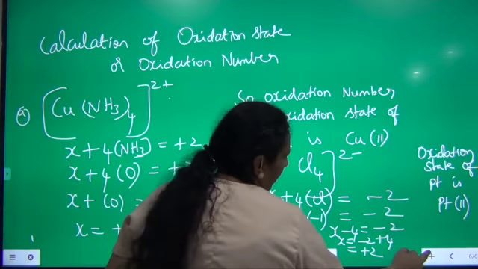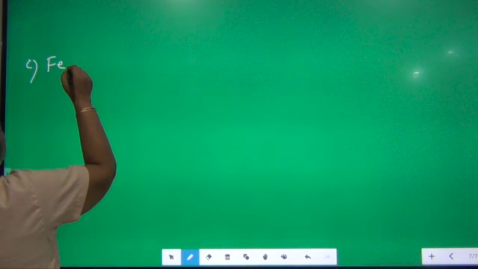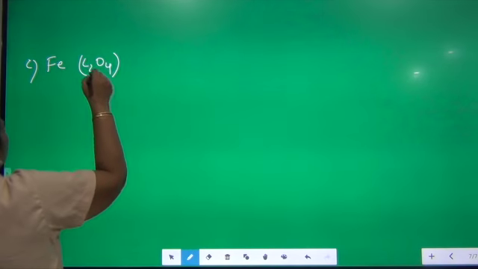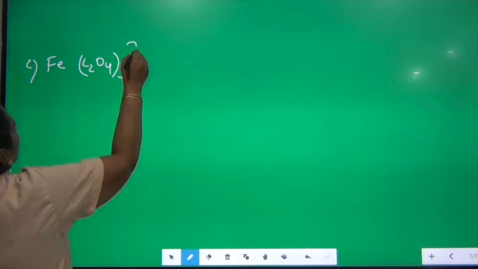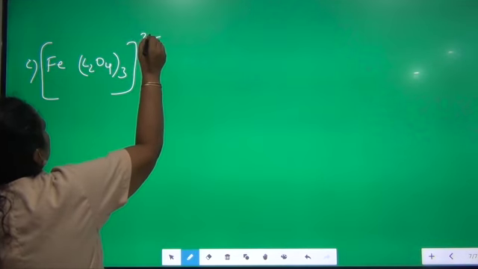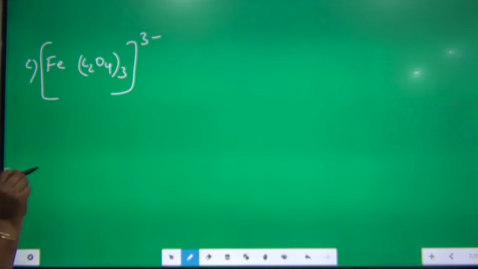The third example, I am going to show another example. The next compound is the trioxalatoferrate(III) ion.